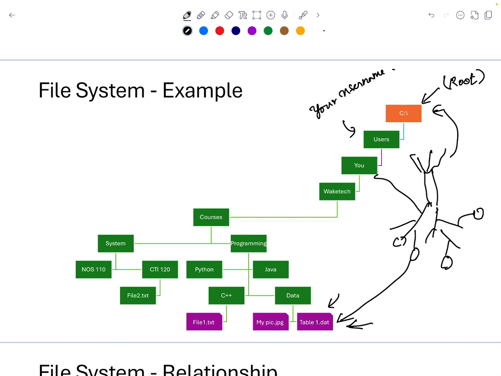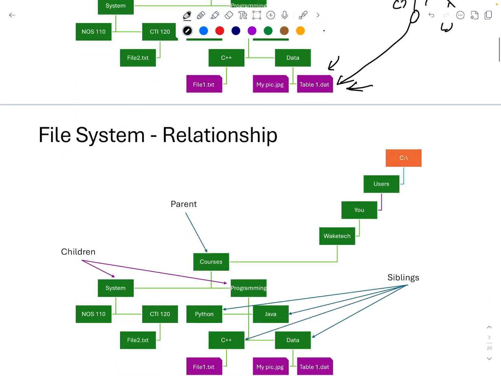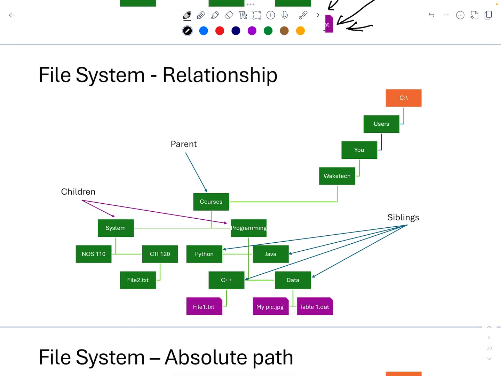Like I mentioned, this is a hierarchical system, so there are certain important relationships we need to identify here. In this case, root is the grandparent, the great-grandparent, for all the directories and files comprised under the root.